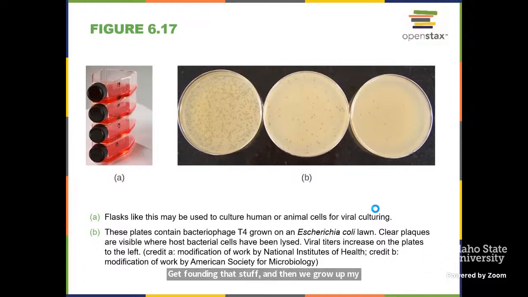Right? You can see little bits of bacteria, but lots of plaques everywhere, right? That means you've got boatloads of virus, and then we add some buffer to the top of it, and we harvest the virus off. And then we do another one of these assays to see how much did we really get, right? How many plaques are we making per 10 microliter drop that we add to the top of it?